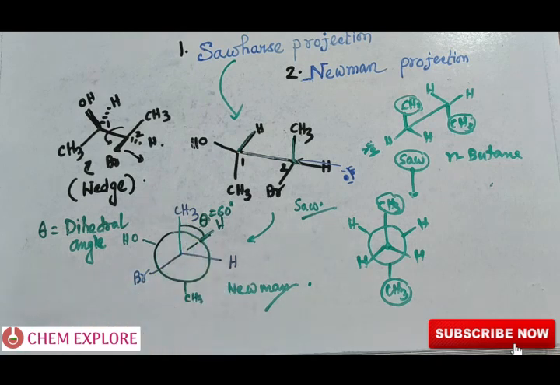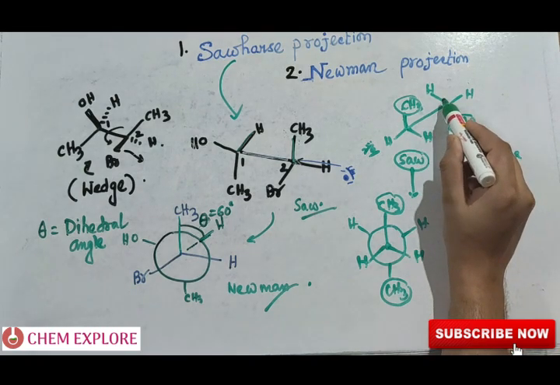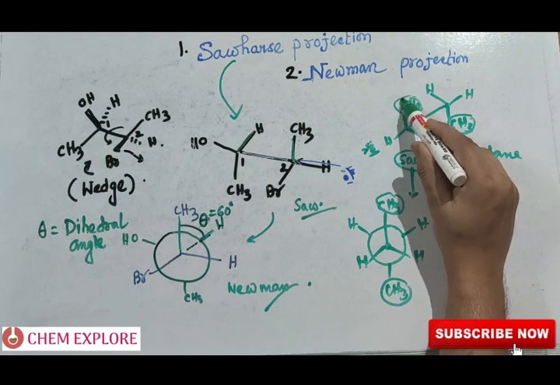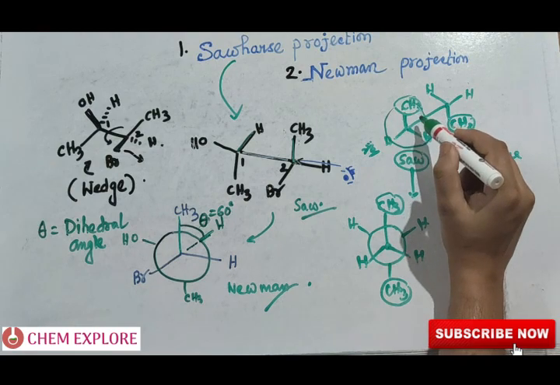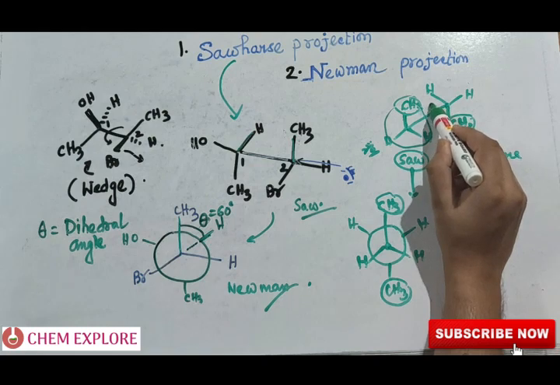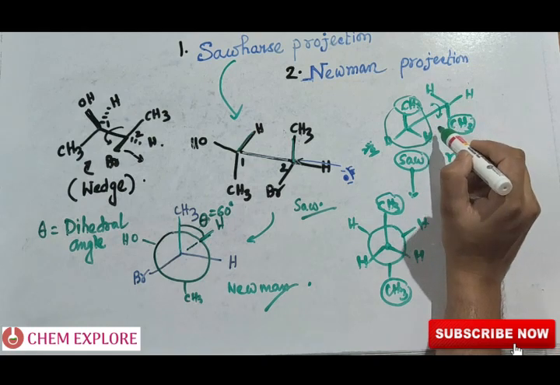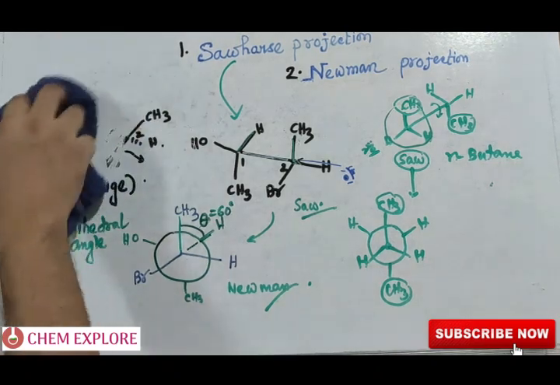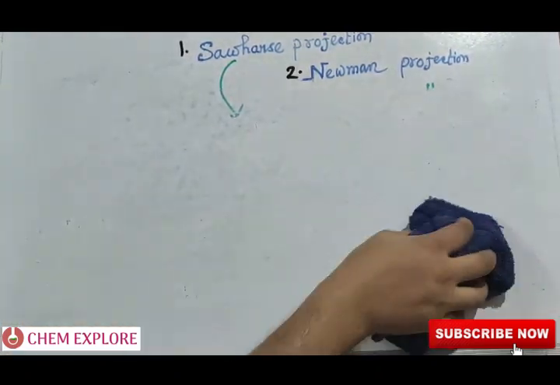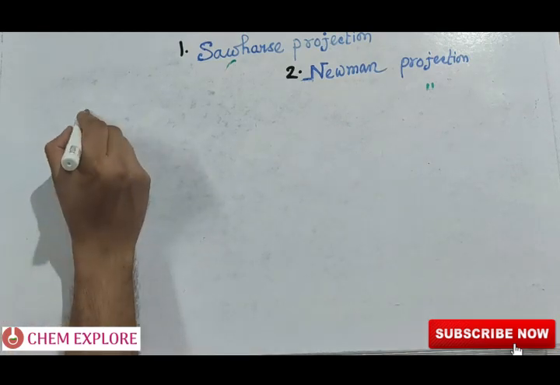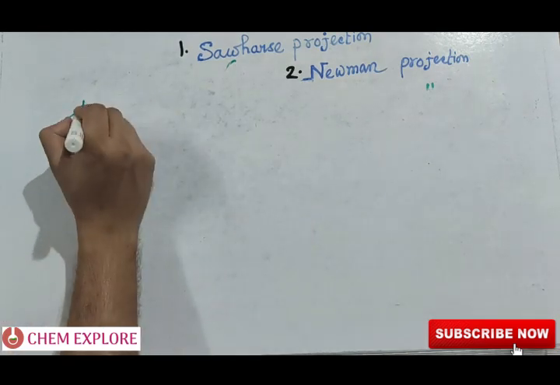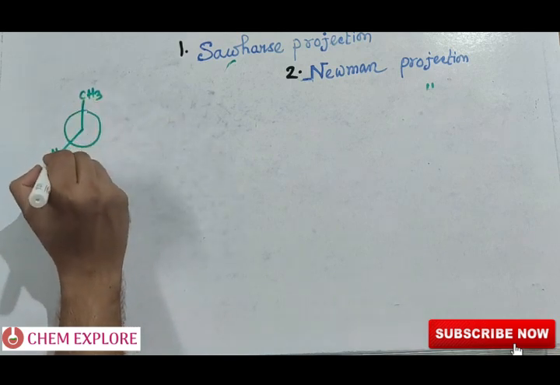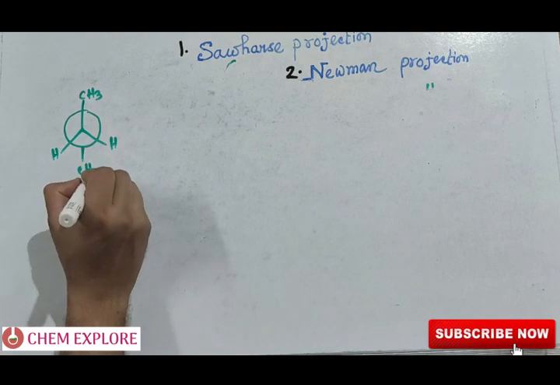Now we can see that for this molecule, what can we do? If we keep this front portion constant and rotate the back hydrogen and CH3, then what will we get? Let's see. If I take this CH3, you have a hydrogen, you have a hydrogen, and there is a CH3.